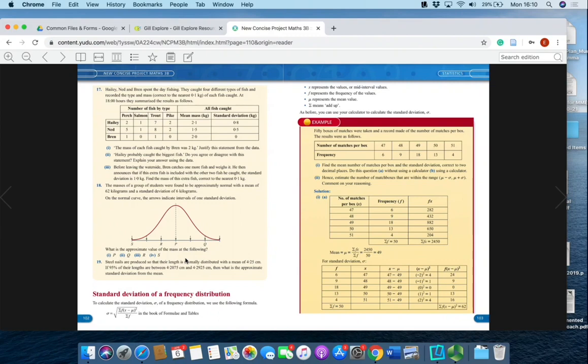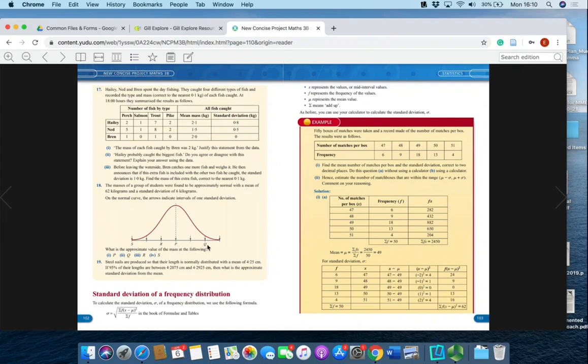So all I'm doing is drawing in that. Okay, so it's calling this one here P in the center.